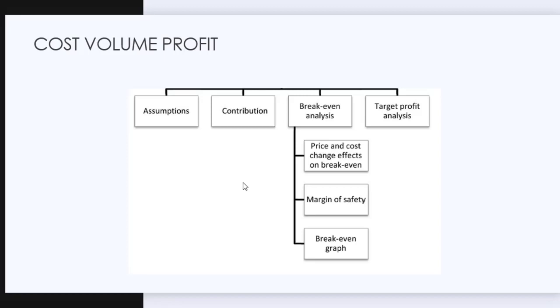So CVP, think of it as saying how far off am I from breaking even? How far off am I from making sales? And what profit am I making? Can I make a target as to saying that if I sell this amount of units, I'll be able to make a profit, given the fact that I'll be able to cover my costs, both variable and fixed.